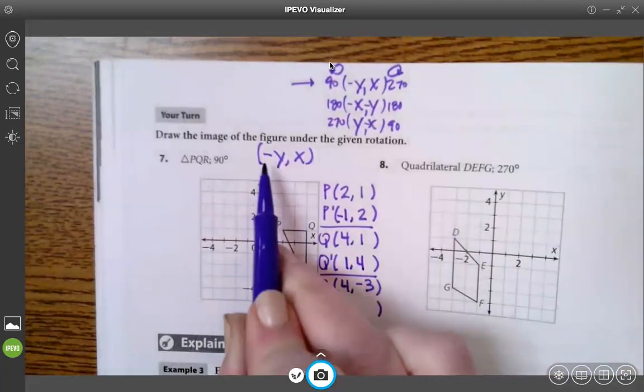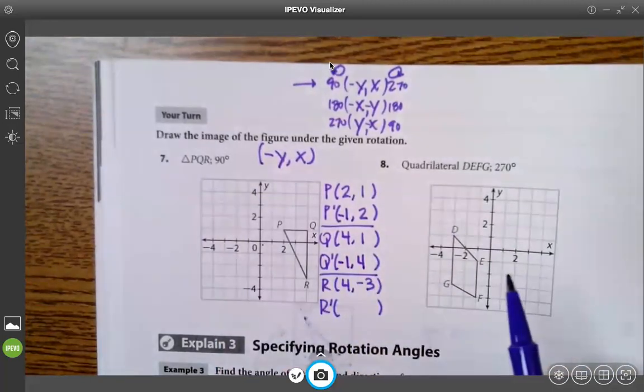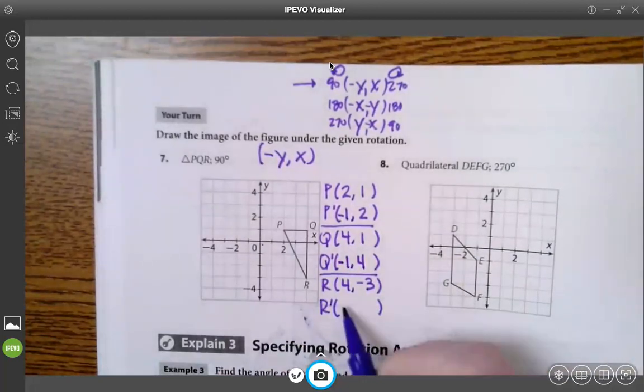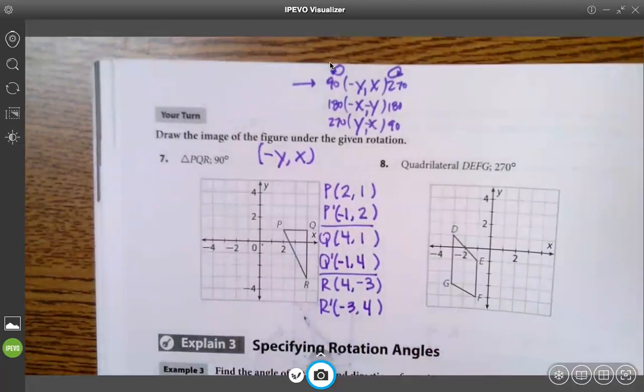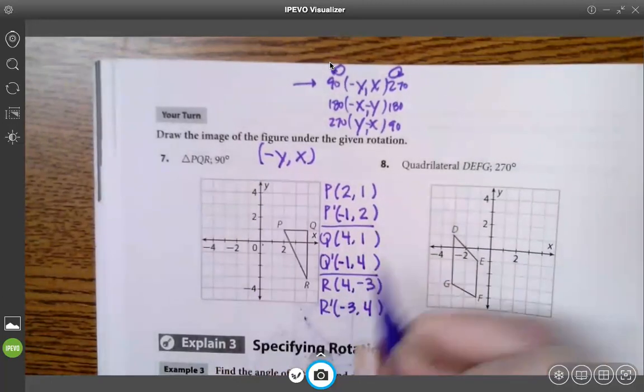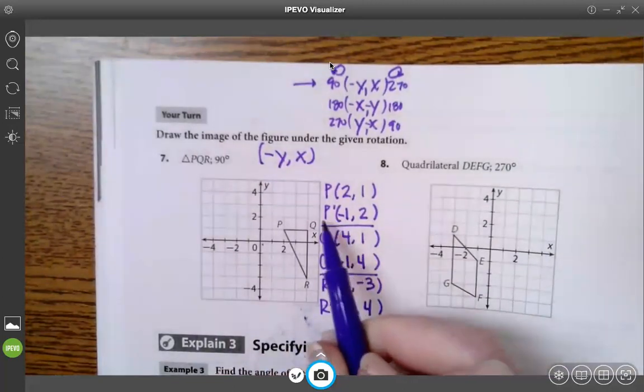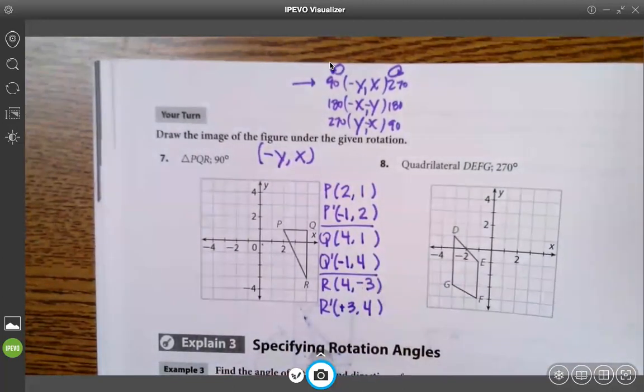Then I'm going to change the sign on my new front number. So for 4, -3, we switch the order, and then once again, we change the sign on the new front number. So now we have our coordinates for P prime, Q prime, and R prime.